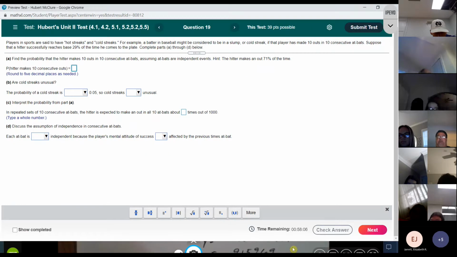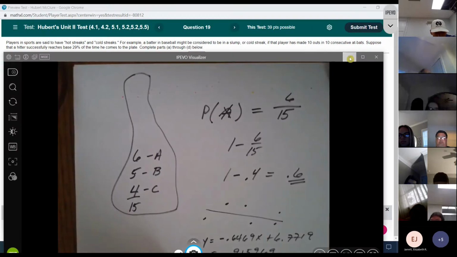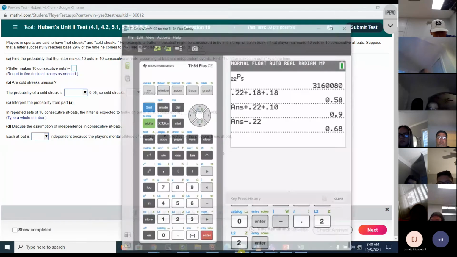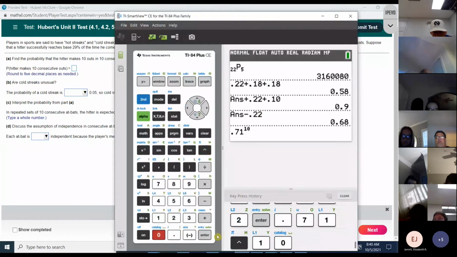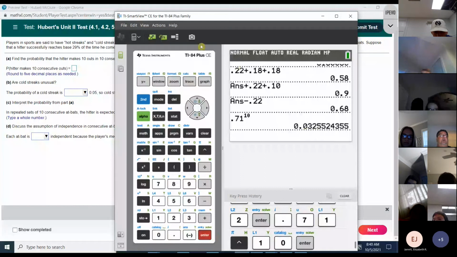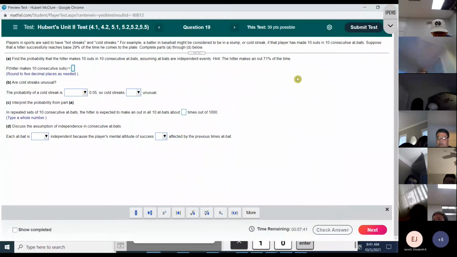Let me find that on my calculator. 0.71 to the 10th power. 0.03, what does it say round to? Round to 5 decimal places. 0.03255.